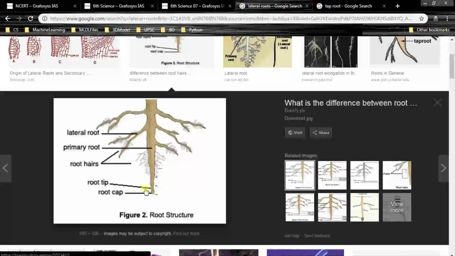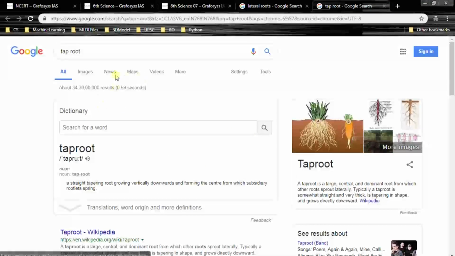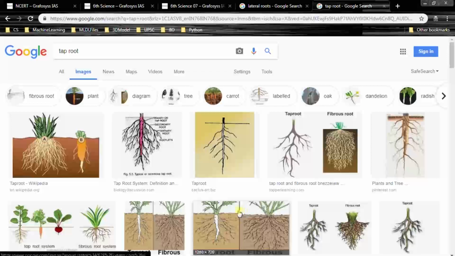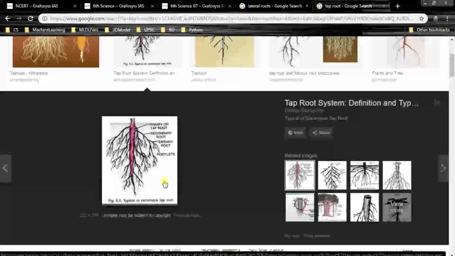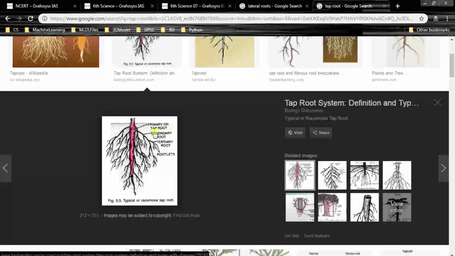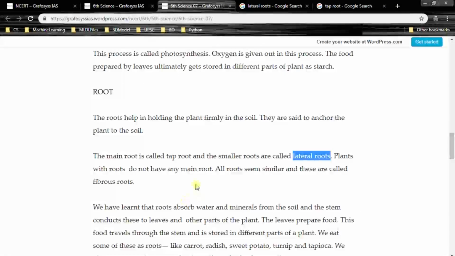So here we can see lateral roots, primary roots and tap roots. Yeah, the primary or taproot, this is the main thing, and this is the secondary root, and tertiary root, which is again divided from secondary root, and rootlets, right?